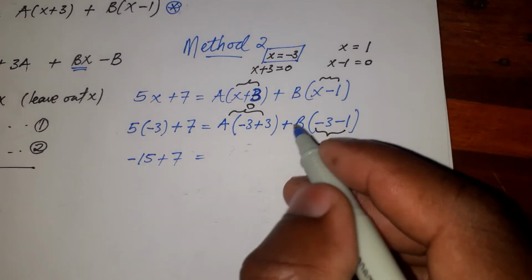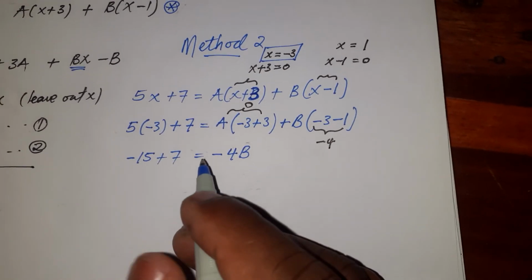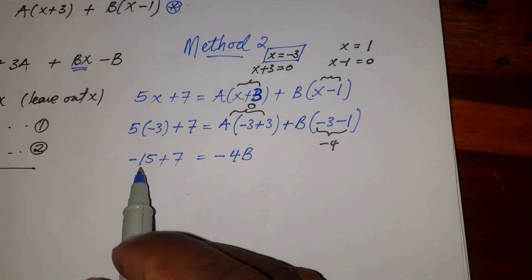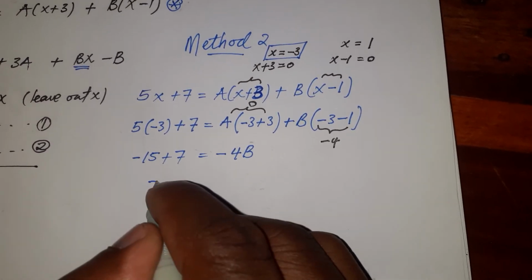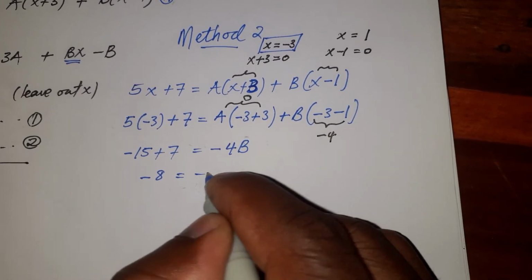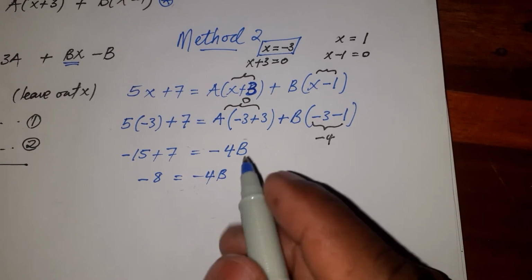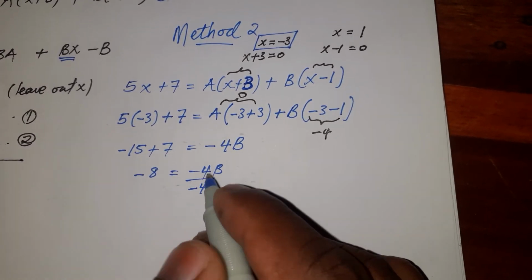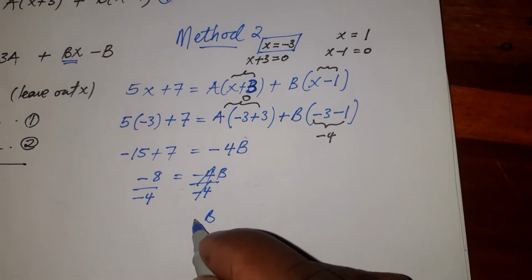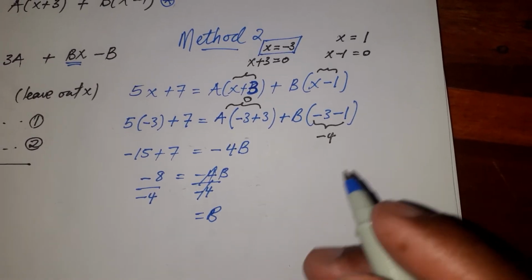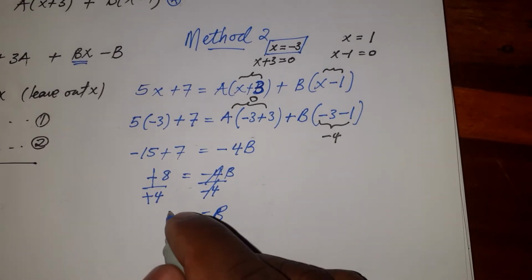Therefore, negative 4 times b, we get negative 4b. While here, negative 15 plus 7, we should get negative 8 equals negative 4b. Since we want to find the value of b, we divide both sides by negative 4. Therefore, our b is equal to, this negative and negative, they cancel, 8 over 4 is indeed 2.